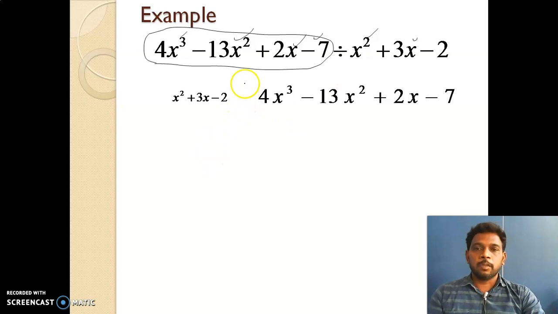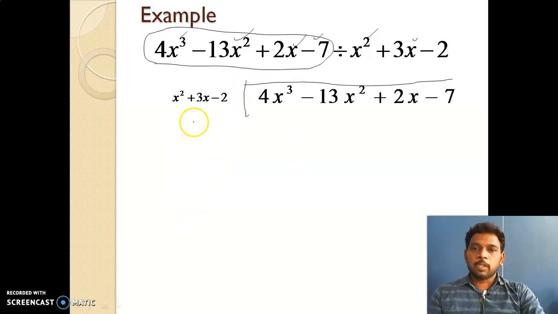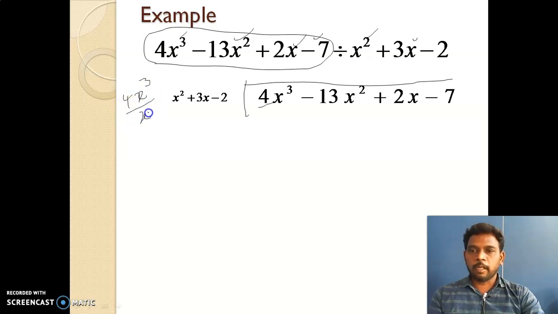Okay. So right. Now how can we write? Divide the first term by the first term as usual here. So 4x cube divided by here x square. So only the variable is here. So when we divide it, reduce it, it will become 4x to the power 1.